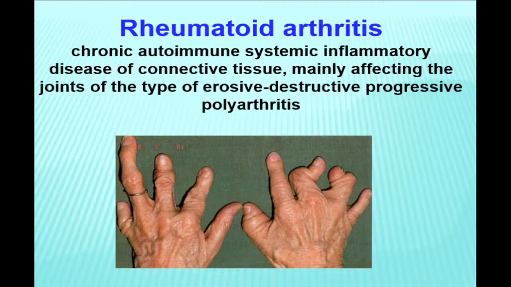Rheumatoid arthritis, chronic autoimmune systemic inflammatory disease of connective tissue, mainly affecting the joints of the type of erosive, destructive, progressive polyarthritis.